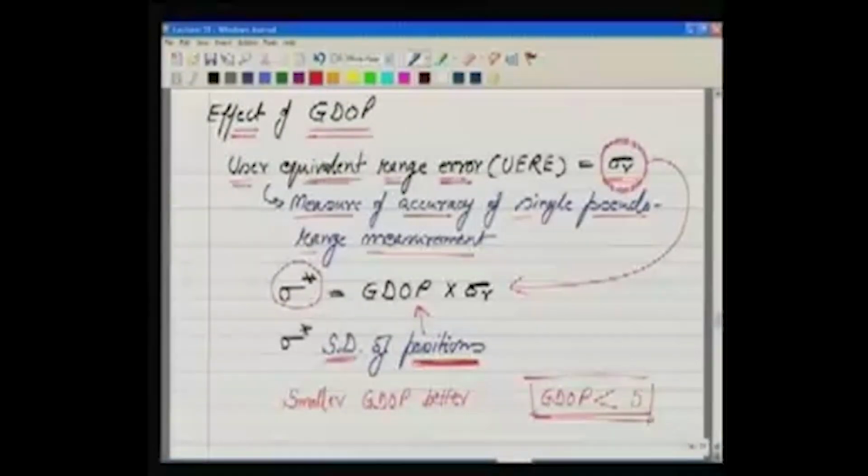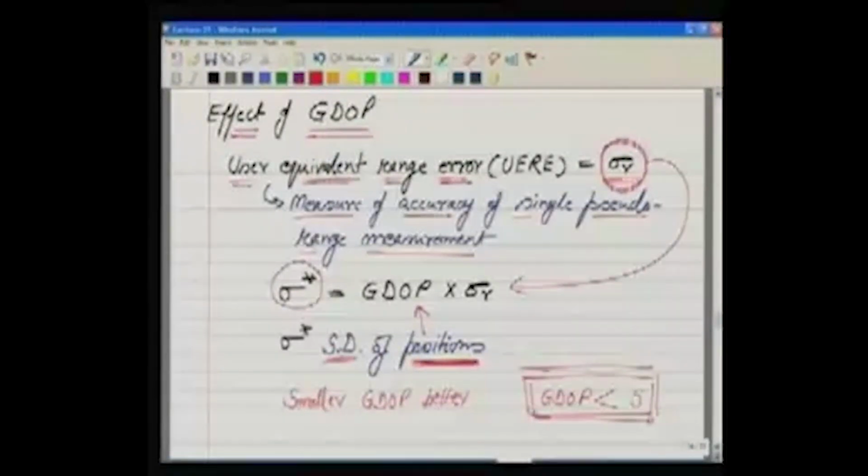So the positions which we finally get by GPS depend upon the accuracy of the pseudo ranges, as well as they get multiplied or modified because of the GDOP. So if the GDOP is very small, we'll have good accuracy for the positions. If the GDOP is large, we'll have less accuracy. So generally, a GDOP of less than 5 is considered to be good.